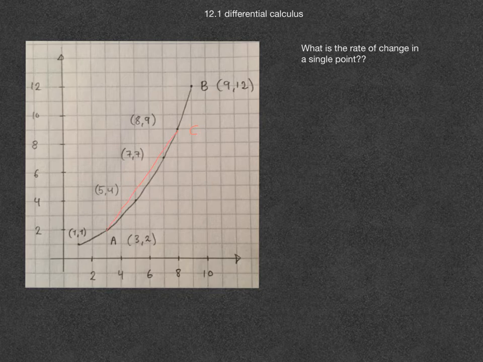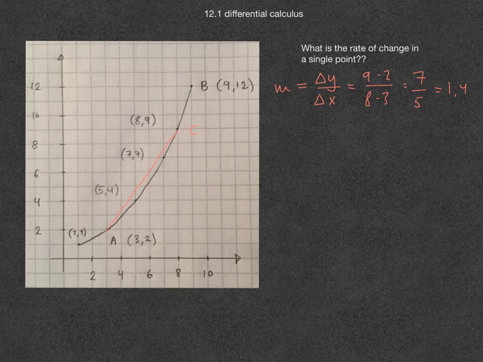So we have a straight line going from A to C. Now, the gradient of this line would be, again, the difference in y coordinate divided by the difference in x coordinate. And here we have 9 minus 2, and then 8 minus 3, which is 7 divided by 5, which is 1.4.